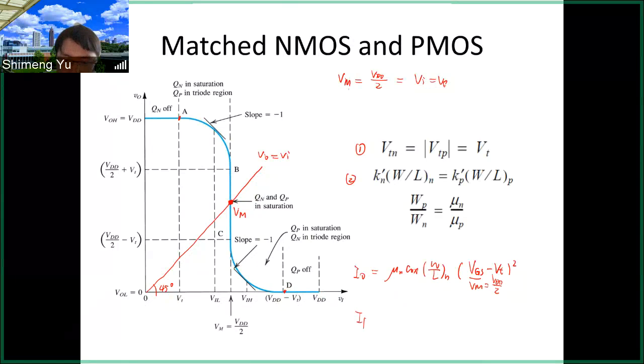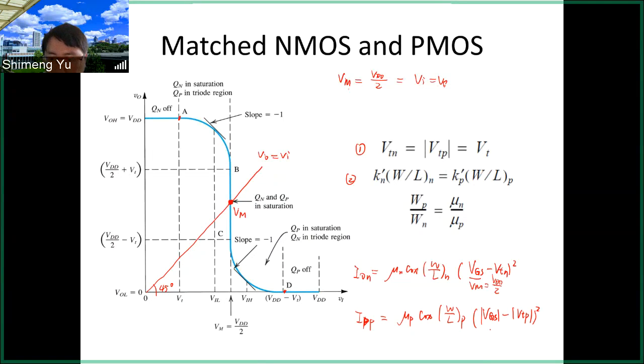And the PMOS current, IDN and IDP, will be mu P COX W over LP. And the VGS, because this is in the middle point, so it will be VGS still minus VTP, and this is absolute value.